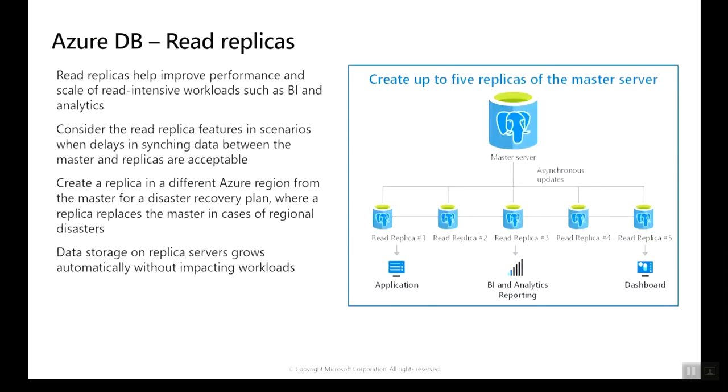So read workloads can be isolated to the replicas, while the write workloads can be directed to the master. Common scenario where you might use this is if you've got analytical workloads that use the read replica as the data source for reporting. Because the replicas are read-only, they don't directly reduce the burden of write operations on the master. Now, this kind of replica feature isn't targeted for write-intensive workloads.